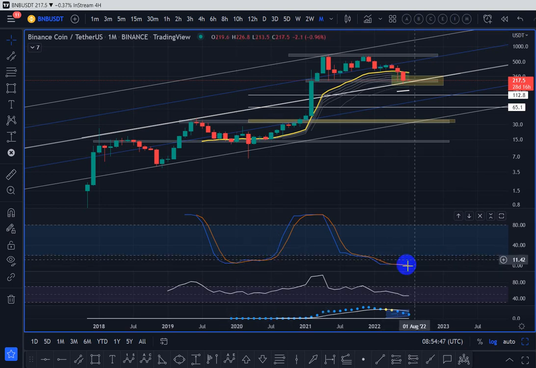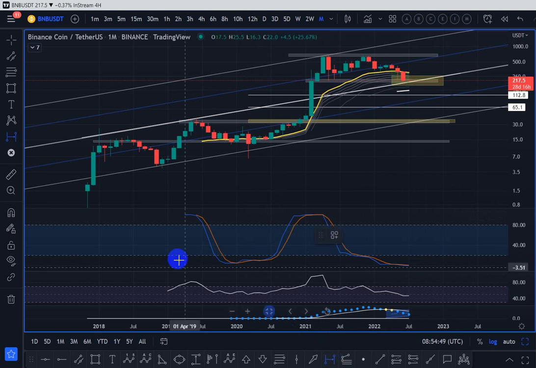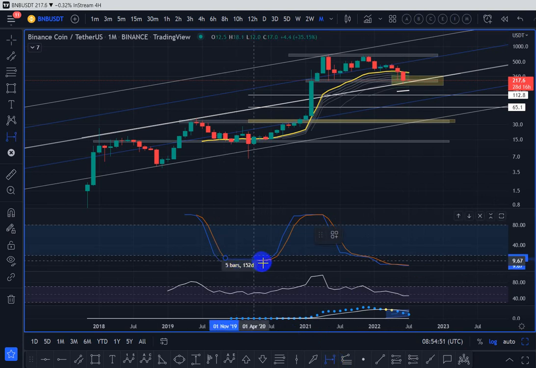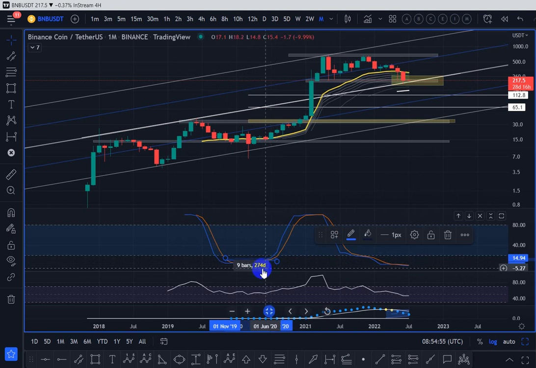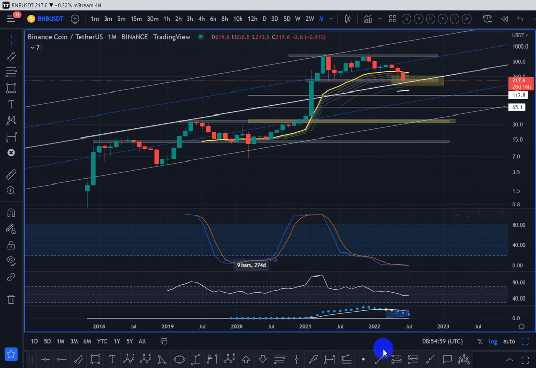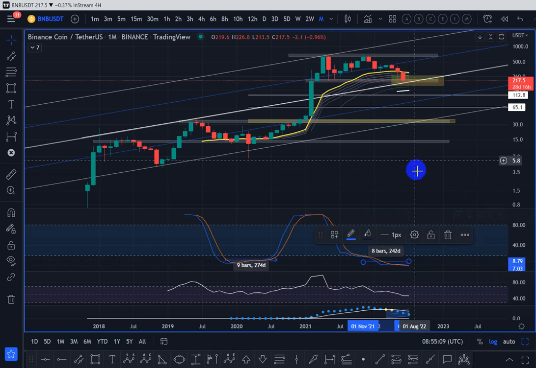Also here, let's see the duration. For example, here the price on Stochastic RSI was that low for 274 days. How about now? Let's do the same here. I noticed that it's 242 days.